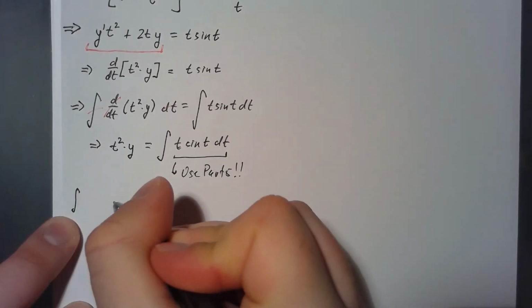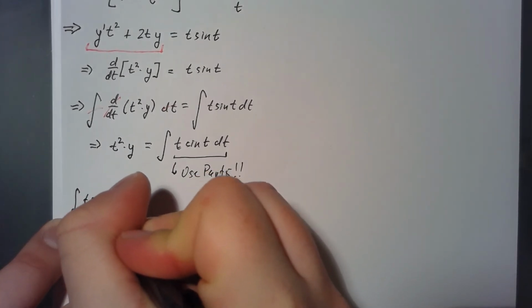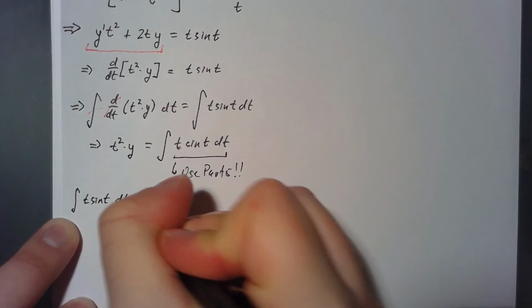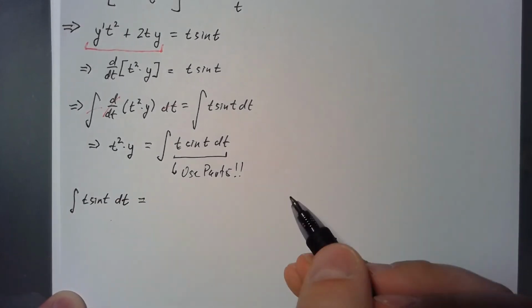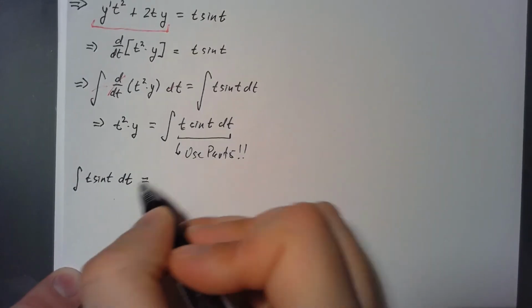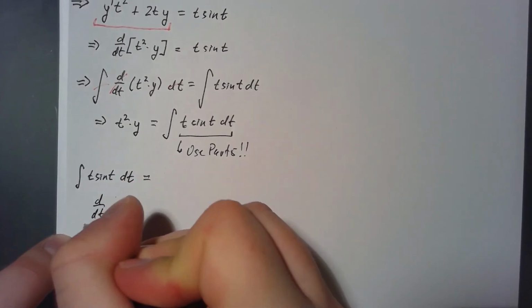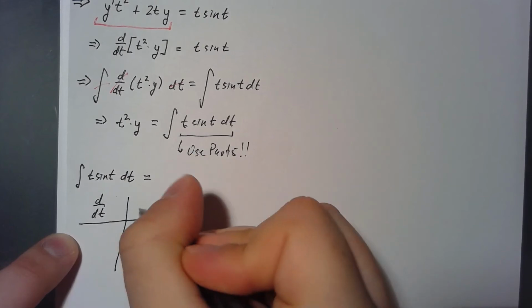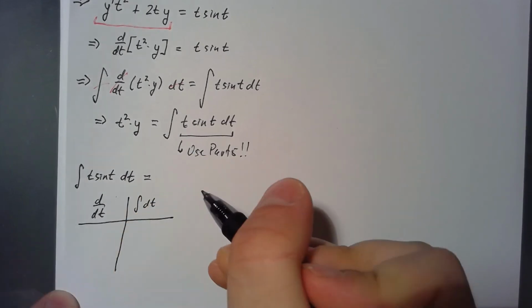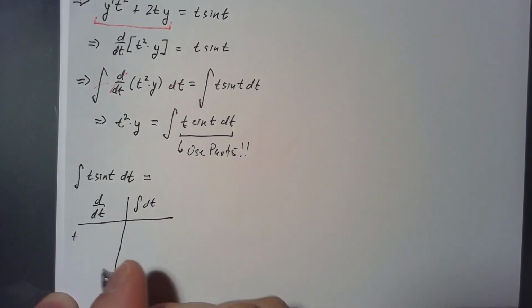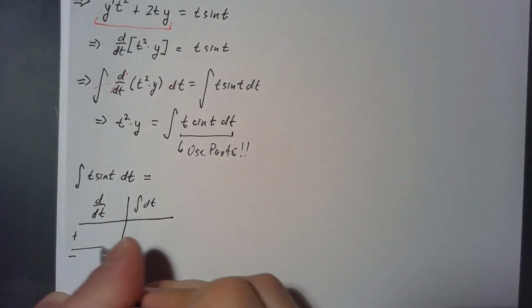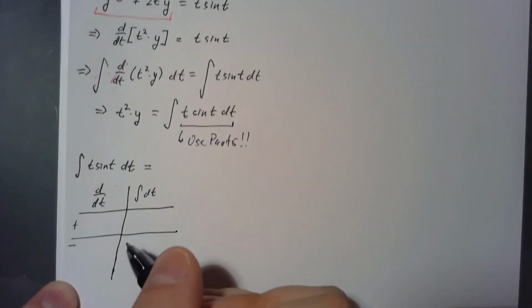So the integral of t sine of t dt. I want to integrate that. I want to get a result for that, right? Make your table, right? So d dt, integral of dt, plus, minus, and I'll write more if I need them.